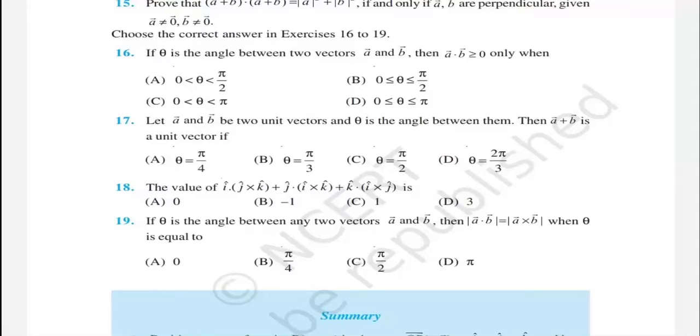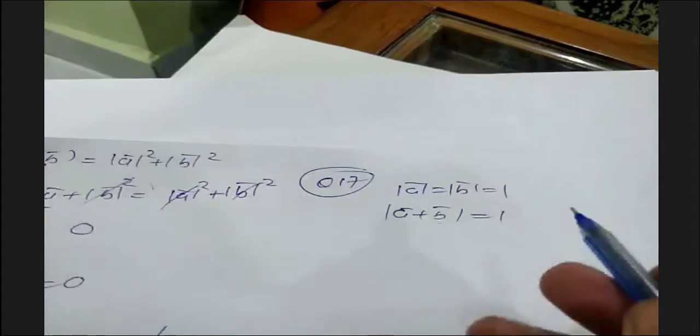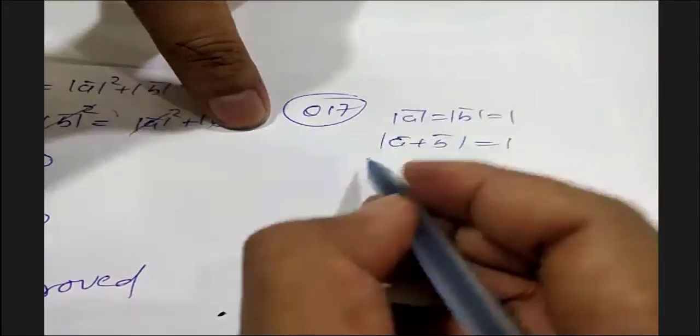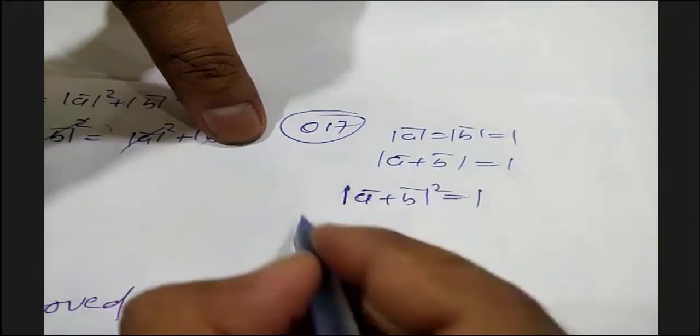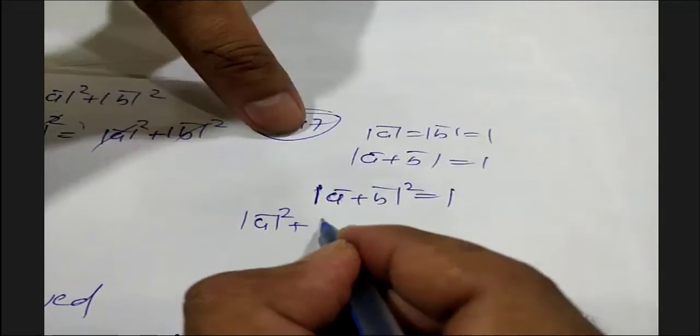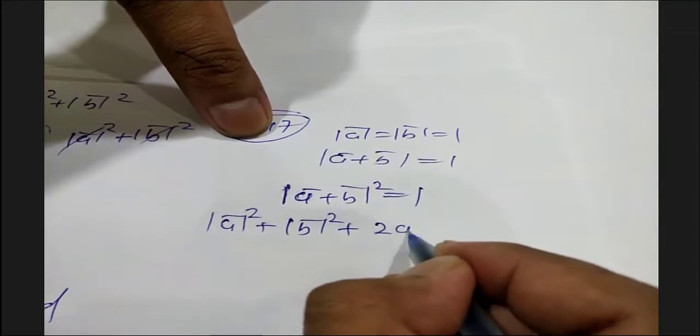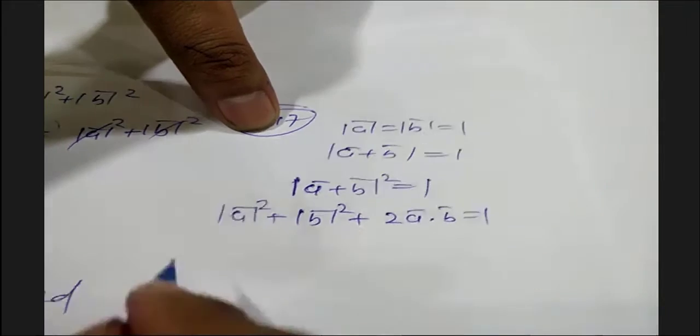Question number 17. a bar and b bar are two unit vectors, and theta is the angle between them. Then a bar plus b bar is also a unit vector. Let's take the square on both sides. So a bar plus b bar whole square is equal to 1, which means a square plus b square plus 2 times a dot b is equal to 1.